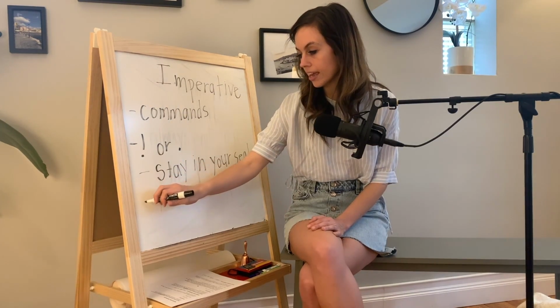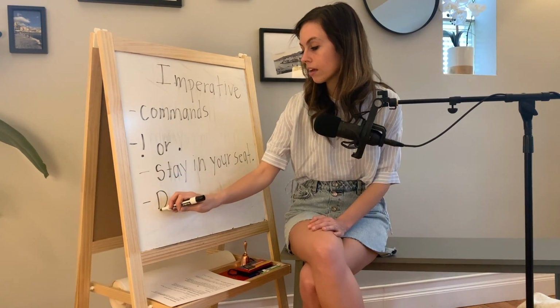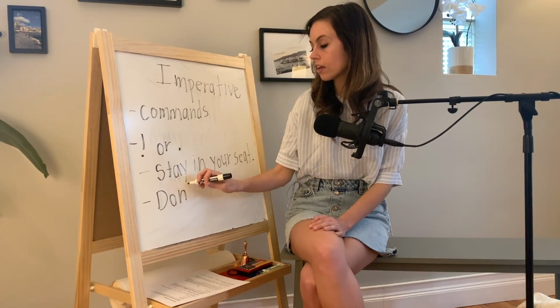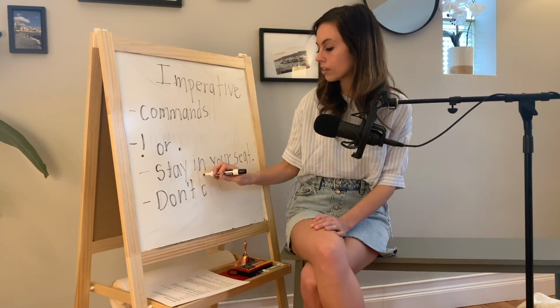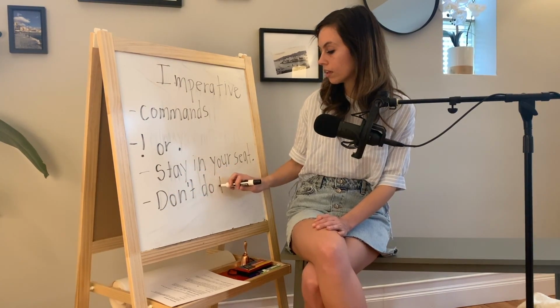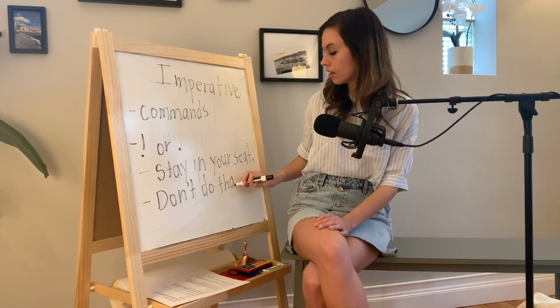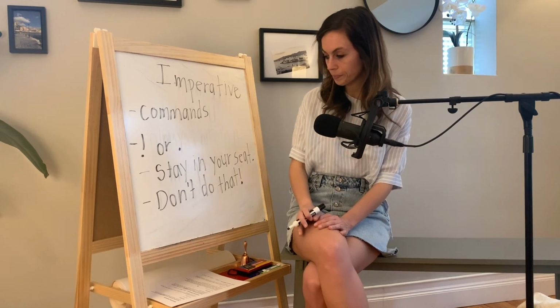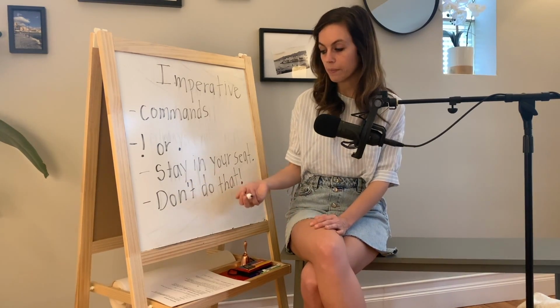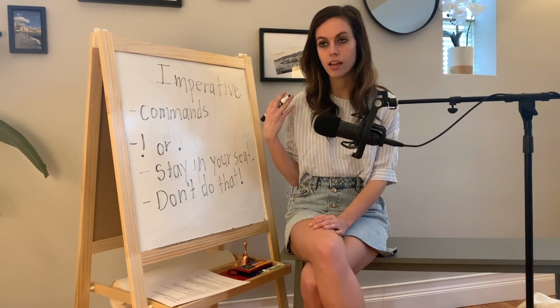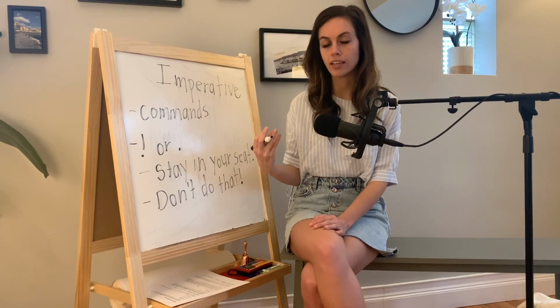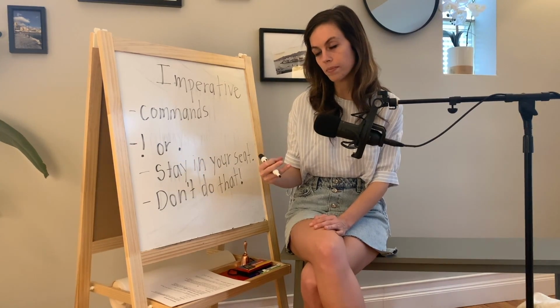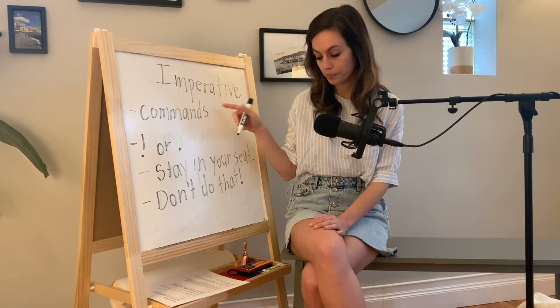Or I might say, don't do that, and I could end it in an exclamation mark. So anytime that a sentence is commanding or telling someone to do something, it's imperative.